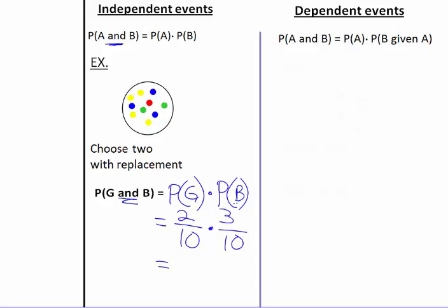Now, since we are multiplying, it is helpful to simplify your fractions before you multiply. So the 2 over 10 is 1/5 times 3 over 10. If you recall on the previous slide, we do not simplify because you need a common denominator to add or subtract. When you multiply, it is more convenient to simplify your fractions.